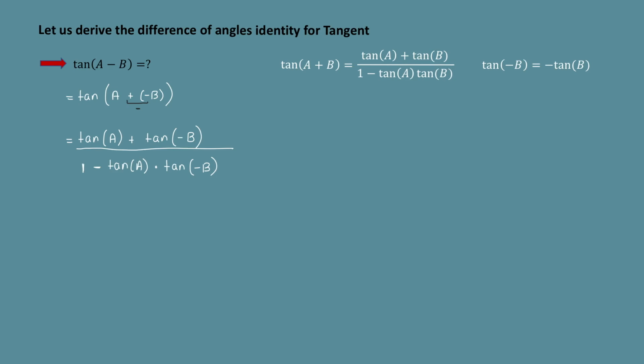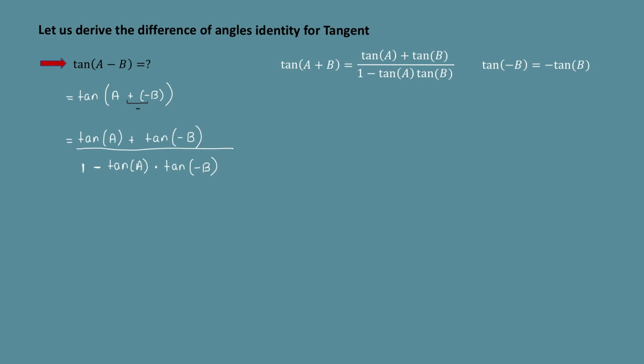And notice that now it's time to use the fact that tangent is odd. So for example, since tangent is odd, this negative right here is going to come outside, and it's going to turn this positive into a negative. Here in the bottom, again, the negative will come outside, and it will multiply this negative here. So that will turn into a positive.